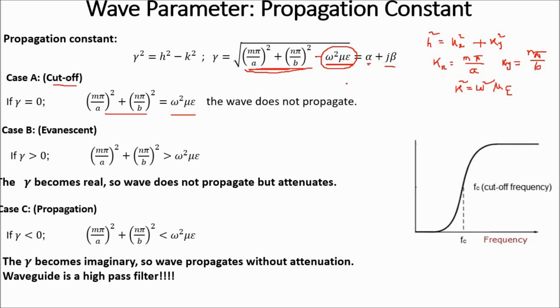And if the frequency is lower than this, that means the omega square mu epsilon part is smaller than (m pi over a) square plus (n pi over b) square, then the value inside the square root will be positive, and you will get gamma greater than 0, a positive number.